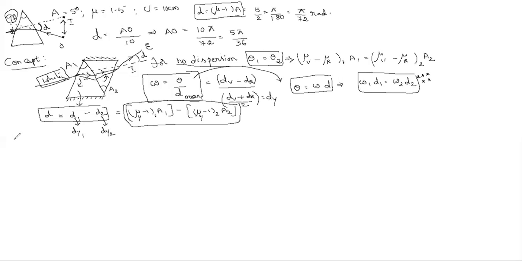All these models are related to the no dispersion case. The use of this is that sometimes they ask to find the ratio of dispersive powers for a convex lens.